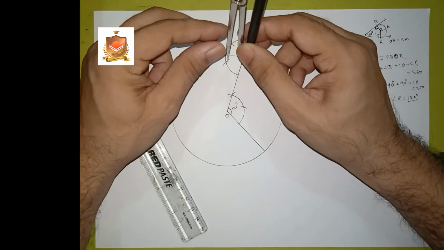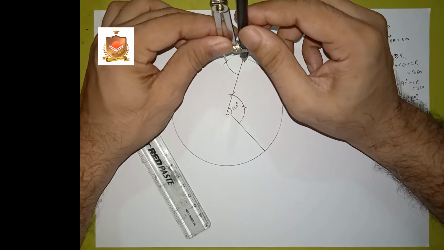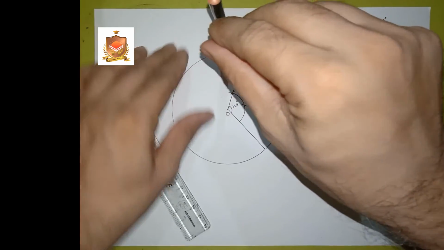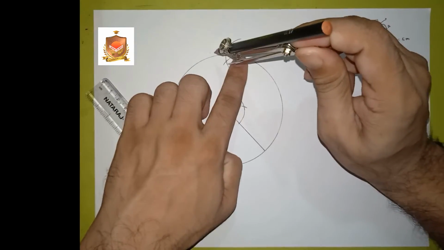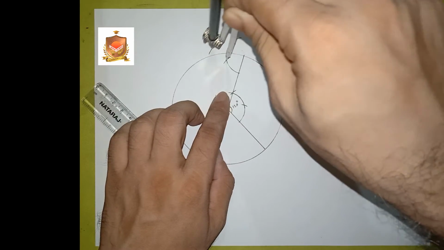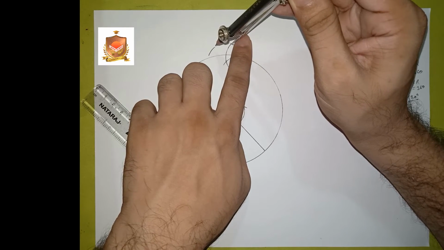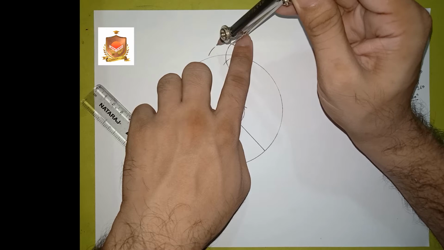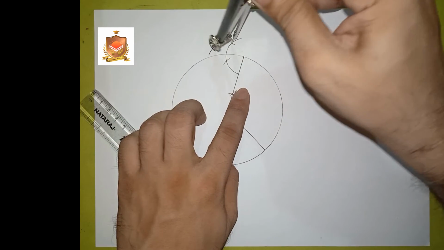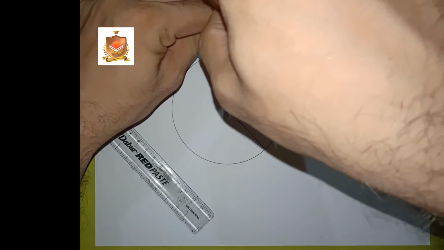Then we will slightly make this 90 degrees. For that we have to keep it above. Draw an arc above. We can draw the arc below also, doesn't matter.